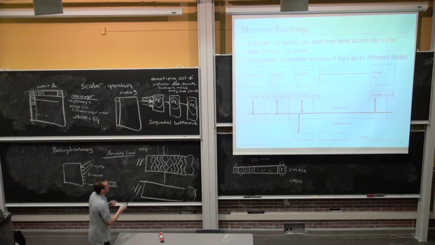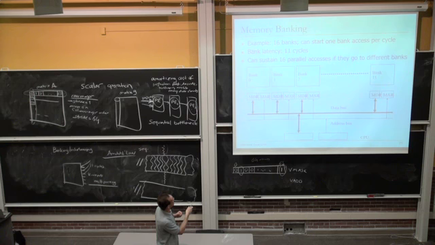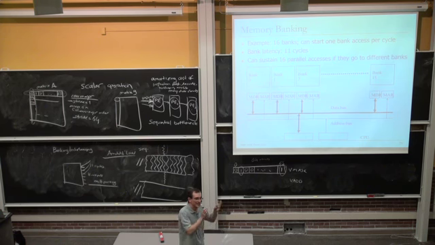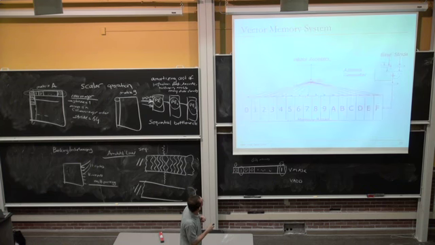So 11 banks would have worked, but because you cannot address 11 banks with a binary computer, or you need to have a really sophisticated indexing function to do that, we had 16 banks. You don't want to have 8 banks, because then you can only sustain 8 accesses in parallel, right? Okay, so this is important to understand.